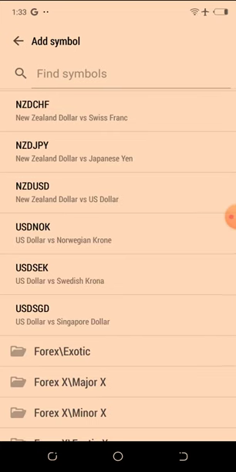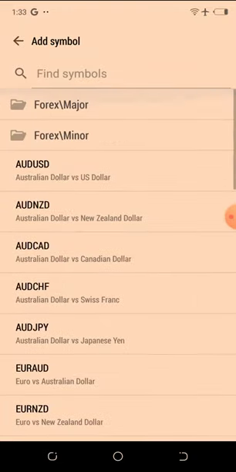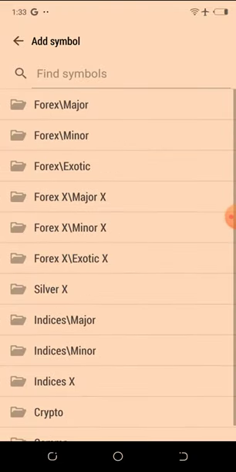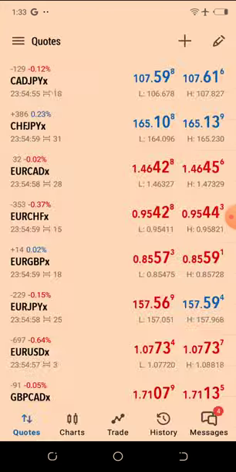Not every broker offers everything. Look at this broker now. They don't offer Nigerian naira and US dollar. There are some brokers that will give you Nigerian naira and US dollar to trade. Your broker will have instruments. Some will give you up to 200 instruments. What I mean by instruments are these things that you can trade.